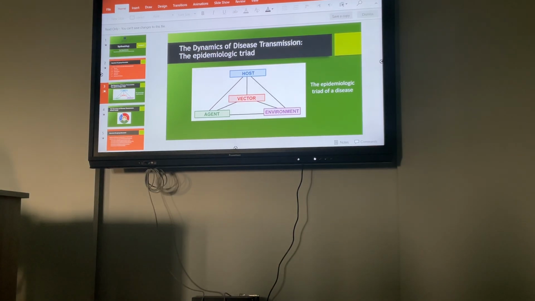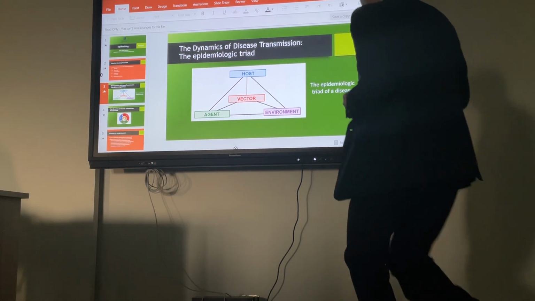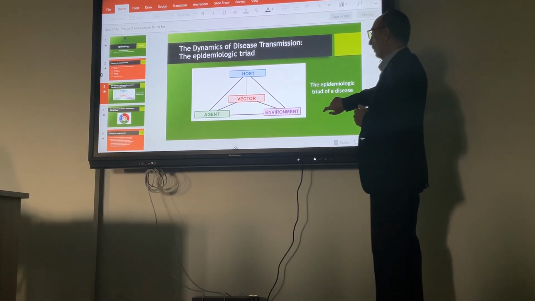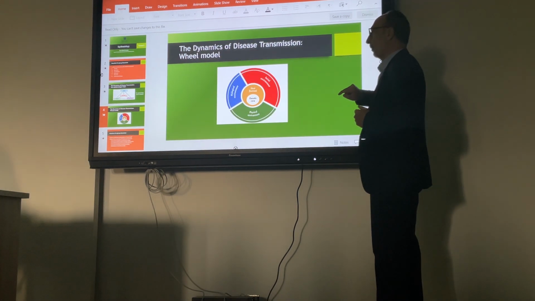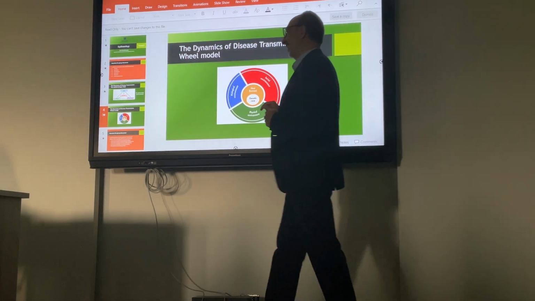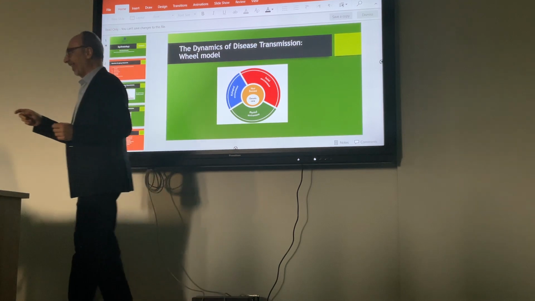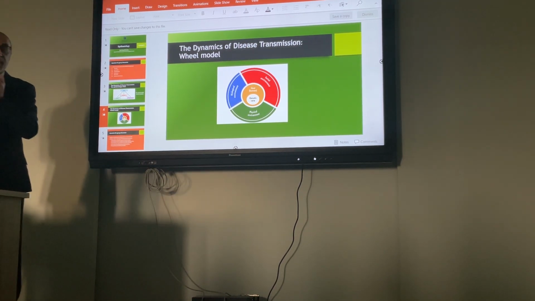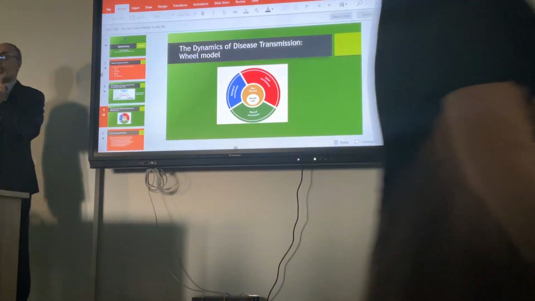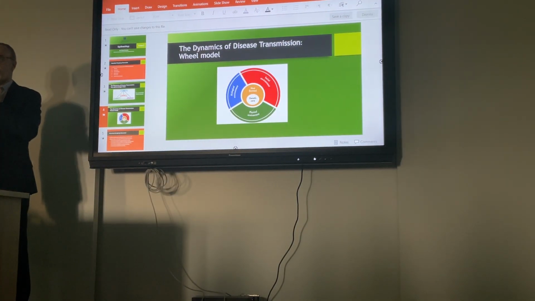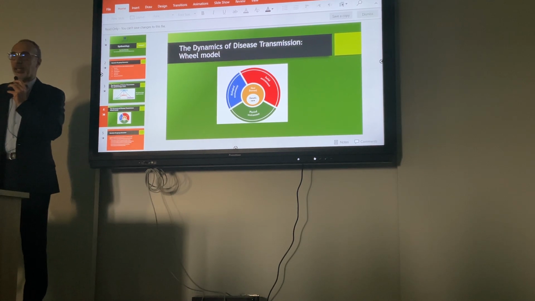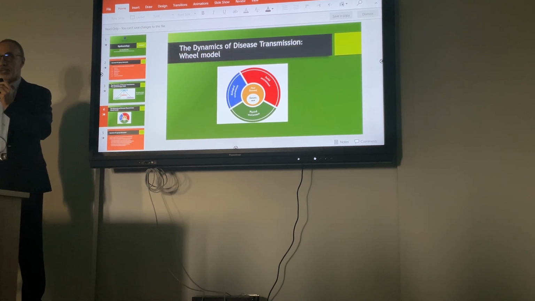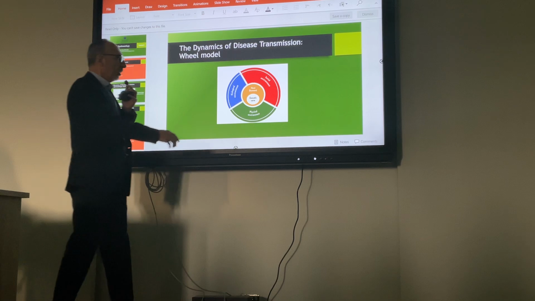So for infectious diseases, the triangle model may work well. When we are talking about non-communicable or non-infectious diseases, the triangle model is not suitable. We prefer to use the wheel model.